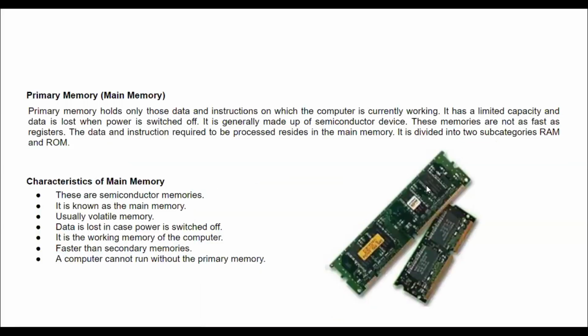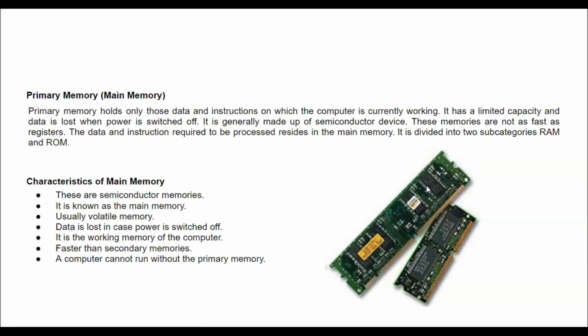Then another type of memory, we have the primary memory or the main memory. The figure shows an example of a primary memory. It holds only those data and instructions on which the computer is currently working. So it has a limited capacity and data is lost when power is switched off.